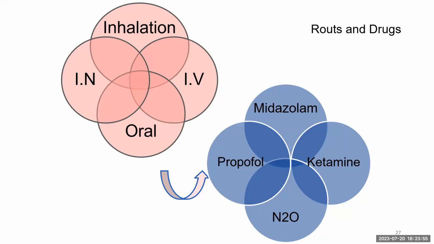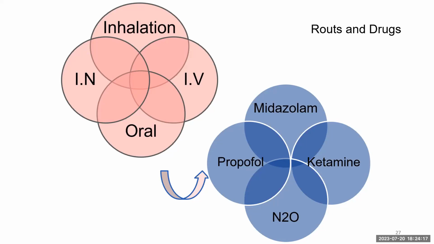But what is special about sedation is that even when speaking about the routes, you can combine more than one route. Like you can use intravenous with inhalation, or oral with intravenous, or inhalation with intranasal. And the same thing goes with drugs. You can combine 2 drugs together.